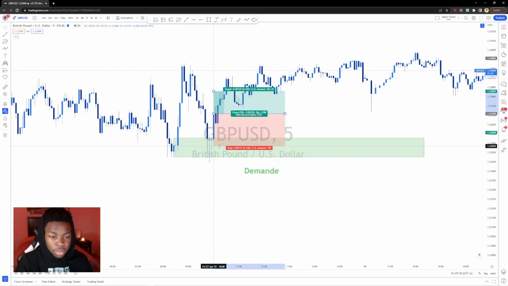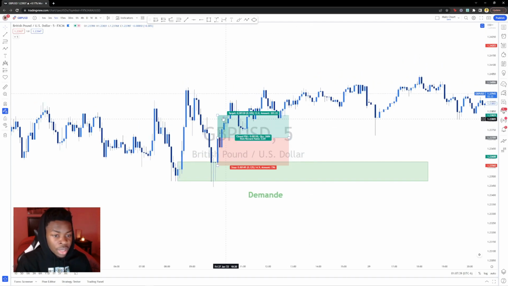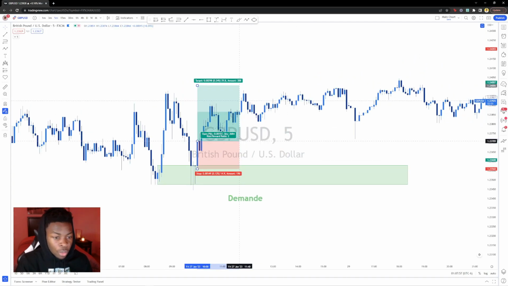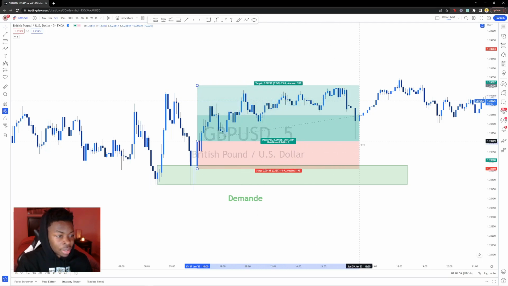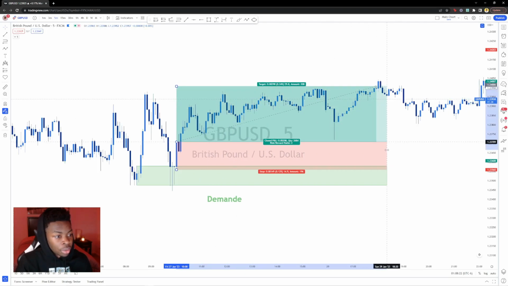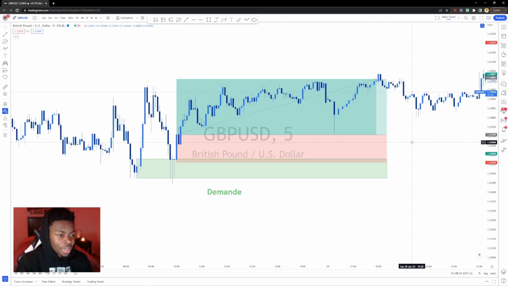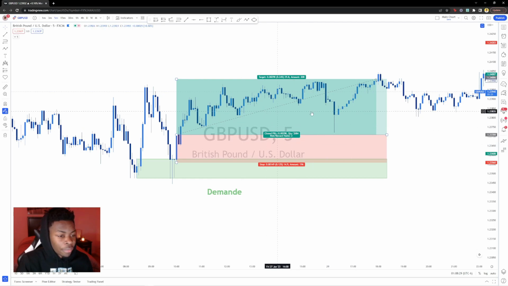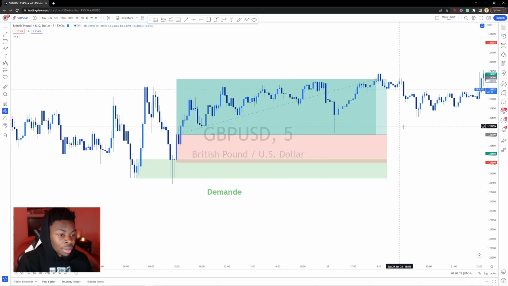Put the stop loss below that candle, since it's a pretty big candle, or below the box, depending on what you want to aim for, and go for at least a 1 to 2 risk reward ratio, like I said. This one took a little bit longer, but sometimes you just gotta wait and be patient, because that's how trading is. For one standard lot, you're risking $140 in order to make $290.